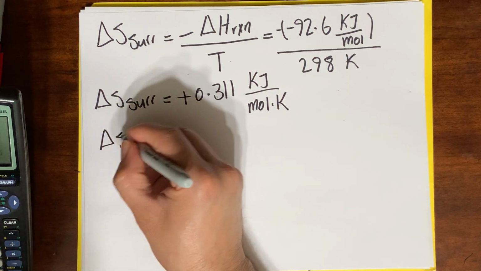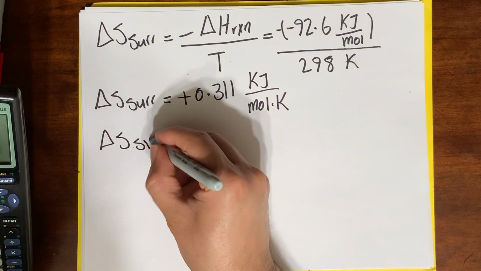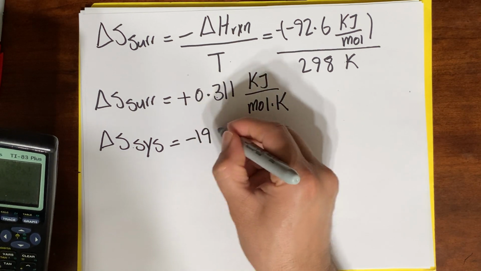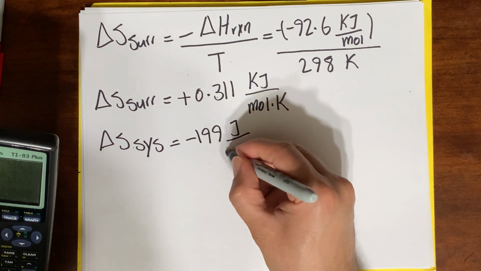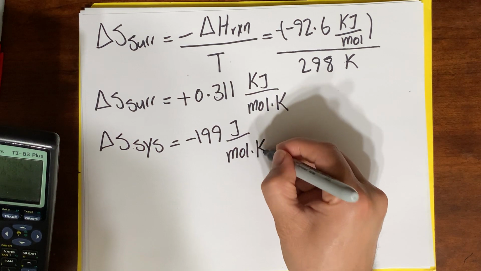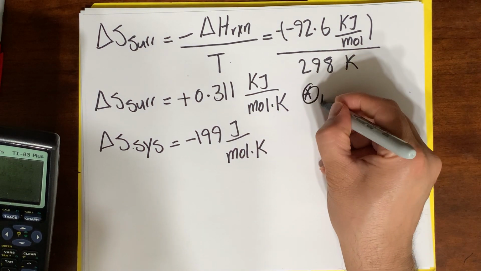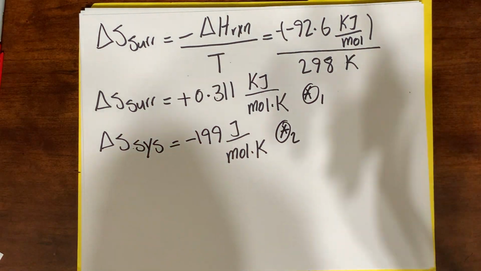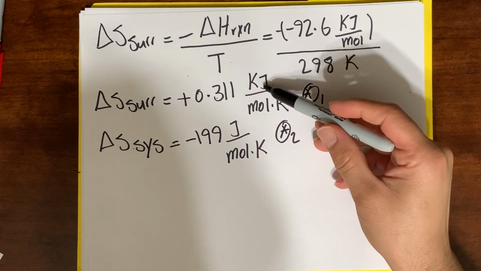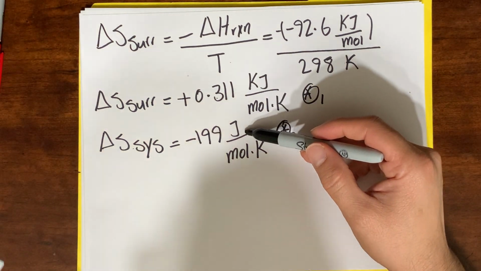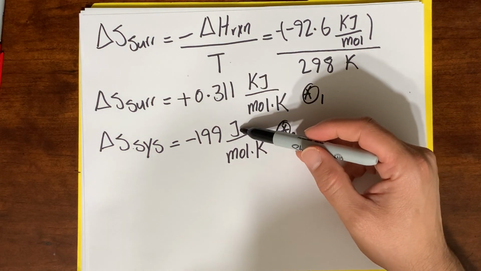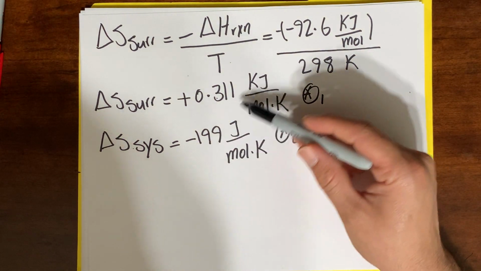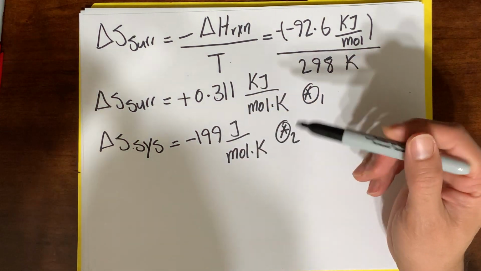Delta S of the system is given and is equal to minus 199, but the unit is joule over mole Kelvin. Please put a star and call it 1 here, and put a star there and call it 2. You cannot add 1 to 2 because 1 is in kilojoule and the second one is 1,000 times bigger, because we multiplied by 1,000 to get the joule.